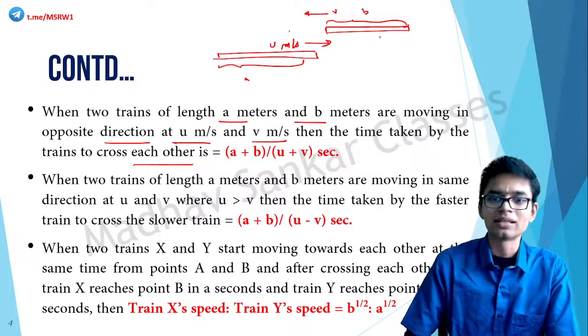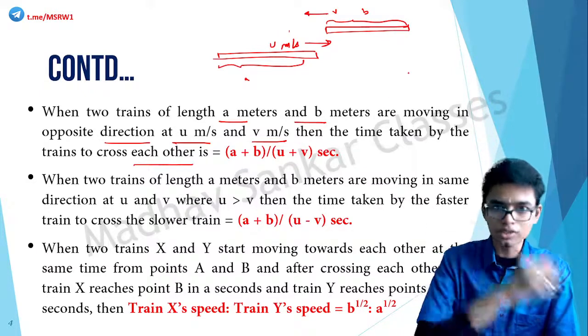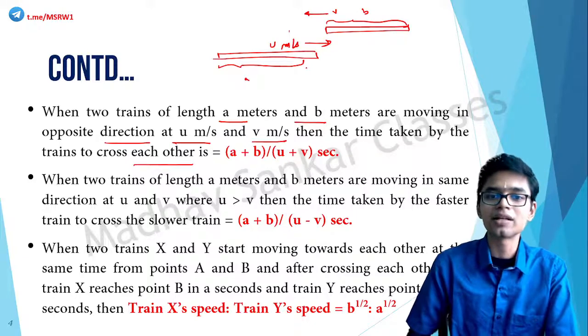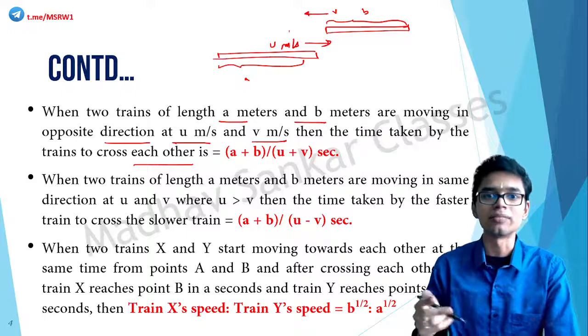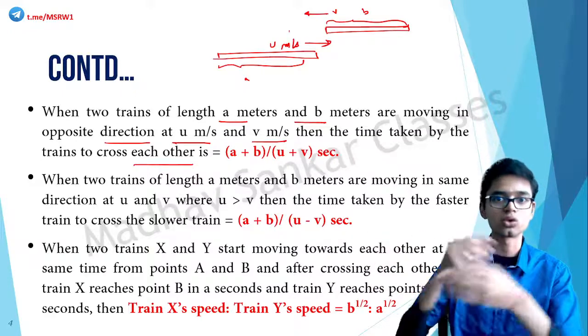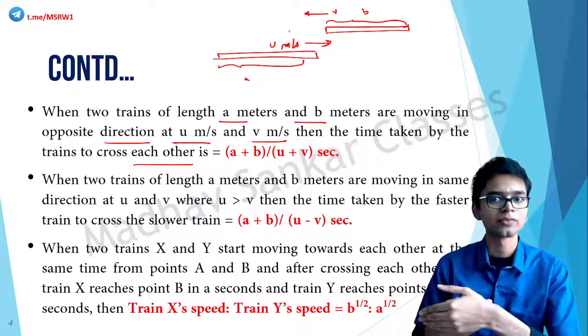In this case, the time taken by the trains to cross each other is given by a plus b, that is the sum of the lengths, divided by u plus v, because they are moving in opposite directions. So the speeds will get added up.